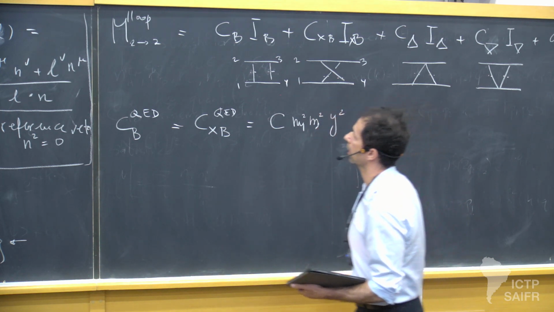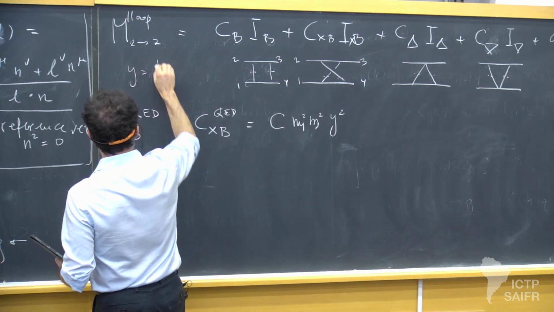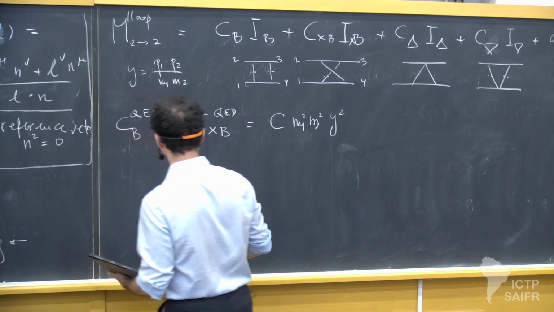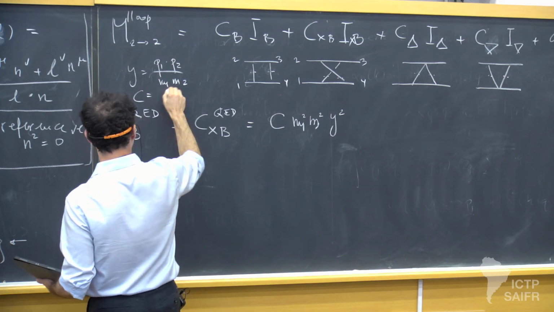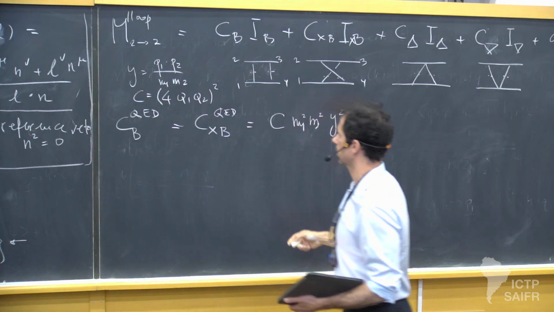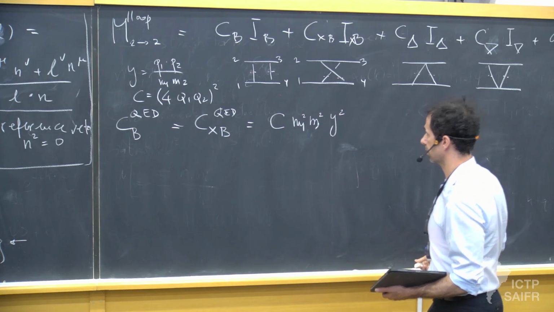So if you remember, y is p1.p2 over m1 m2. And C is for Q1, Q2 square. So these are the two coefficients of box integrals.